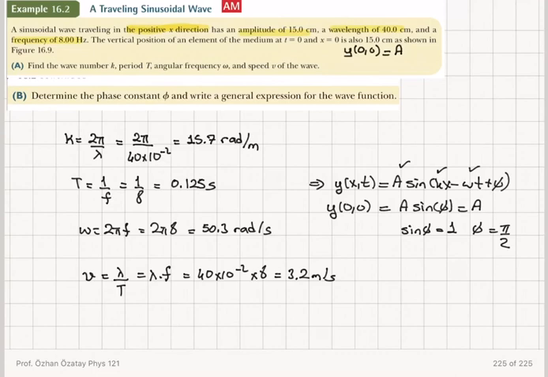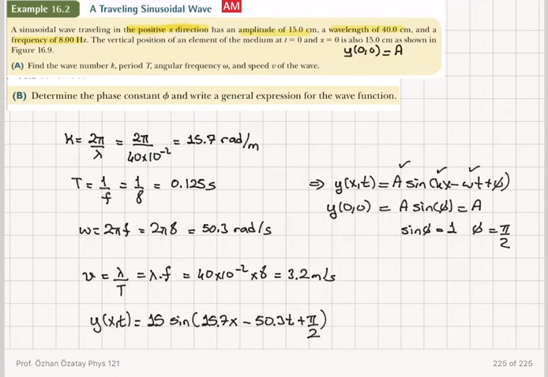Therefore, I can write the wave function, a general expression for the wave function. The general expression would be y of x,t is equal to amplitude 15 centimeters, so it's 15 times sine of 15.7 x minus 50.3 t plus pi over 2.